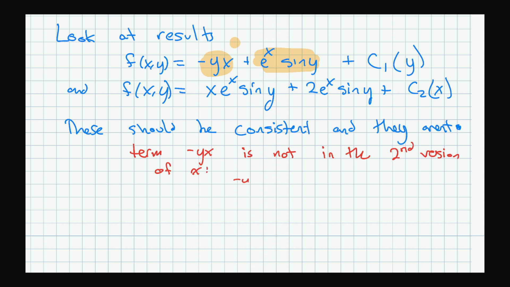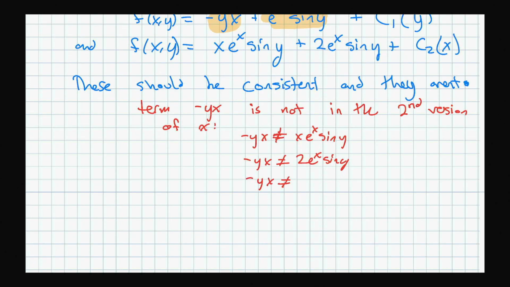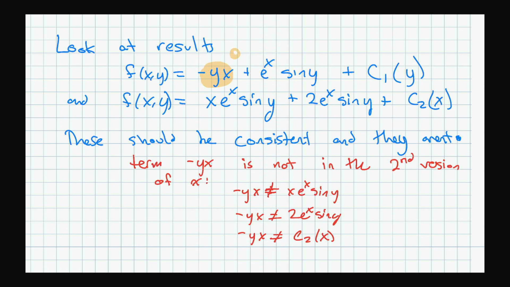Negative yx obviously is not x e to the x sine y, but also negative yx is not 2 e to the x sine y, but also negative yx can't be the c2 of x, right? If it could go in c2 of x, it'd be fine. But the problem is that c2 of x has only x's in it, not y's. So this can't be part of this. So the negative yx is not here, not here, not here.